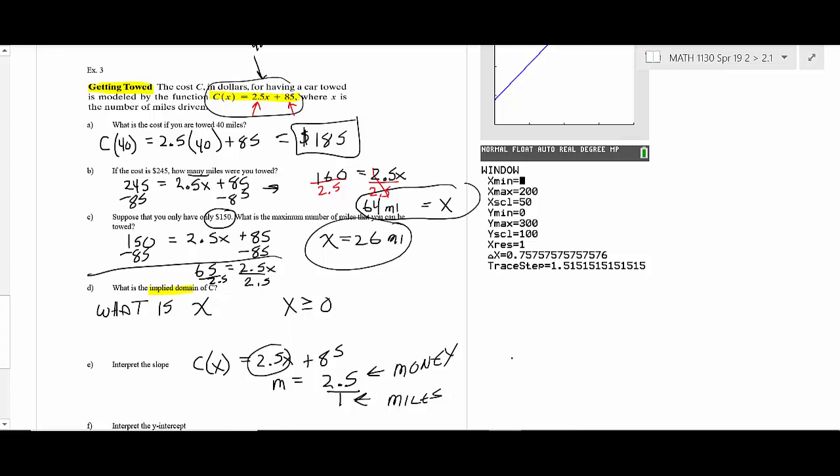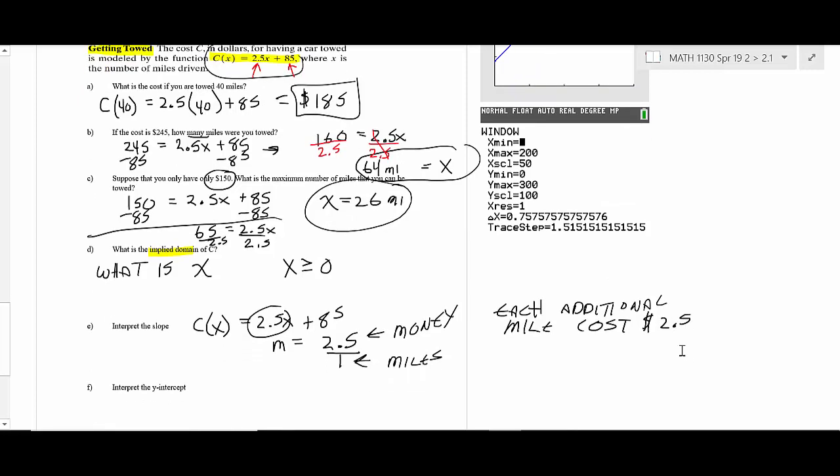That's not the question. One way to say this is each additional mile costs $2.50. When you get to calculus, your teachers will have you interpret slope a lot because you deal with slope a lot in what's called a derivative, and you really want to understand what it's doing. That's important.